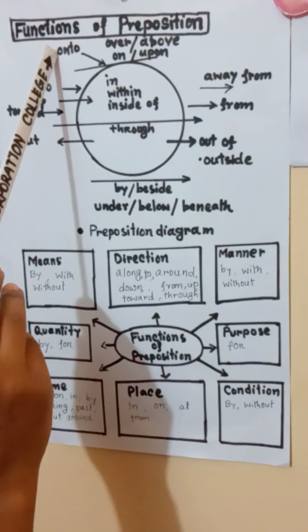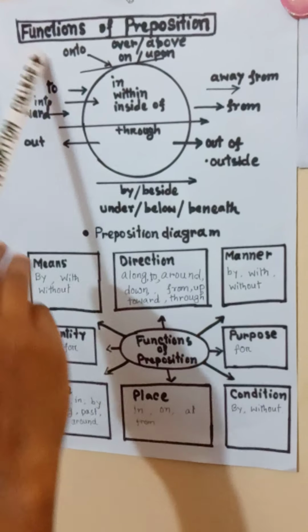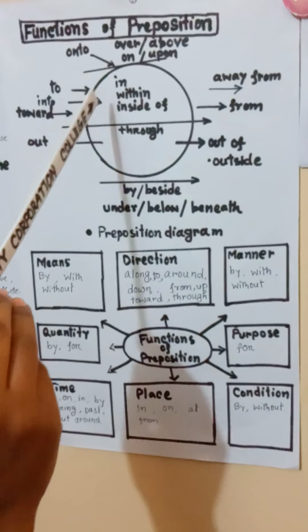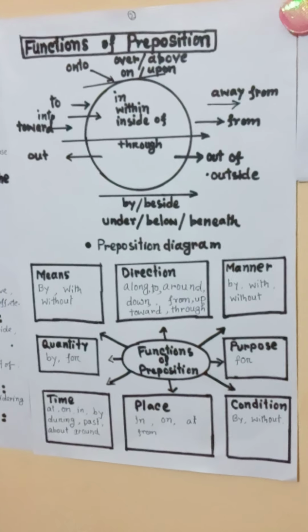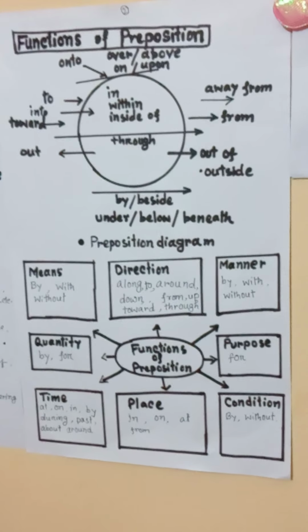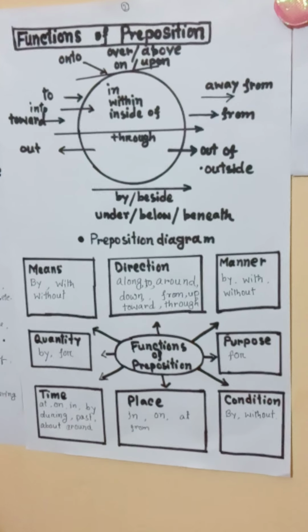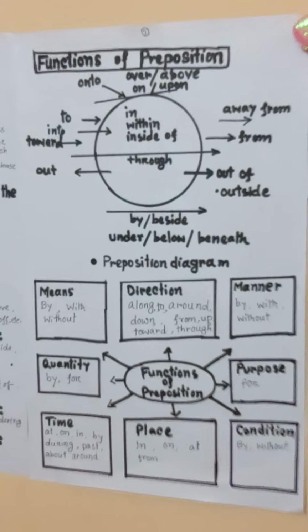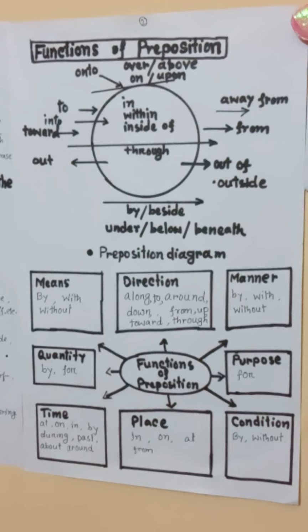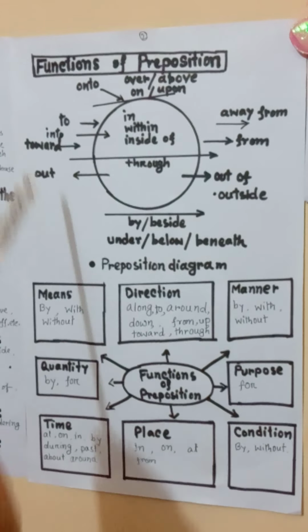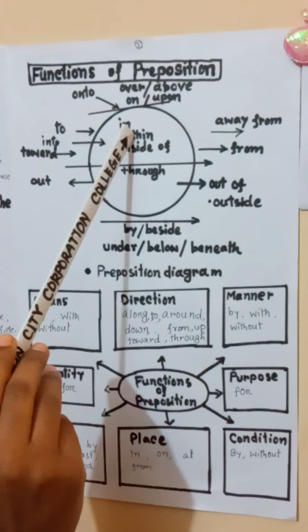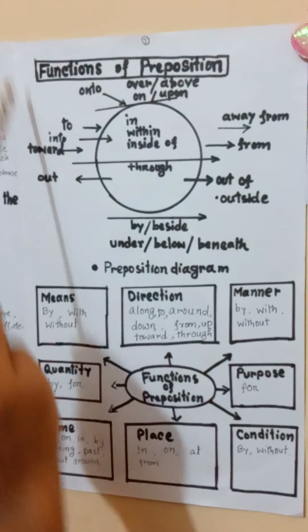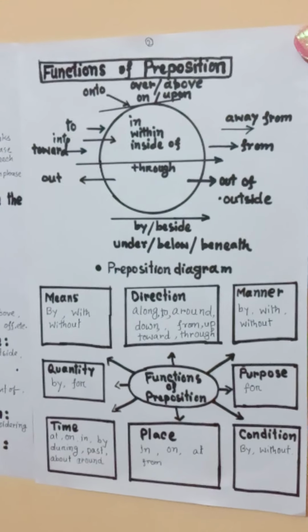But onto, if there is, in Bengali we can say gotishilota, movement. Suppose a cat jumped on the table or onto the table. What should we use? We should use onto, because it shows movement, changing place from one point to another.